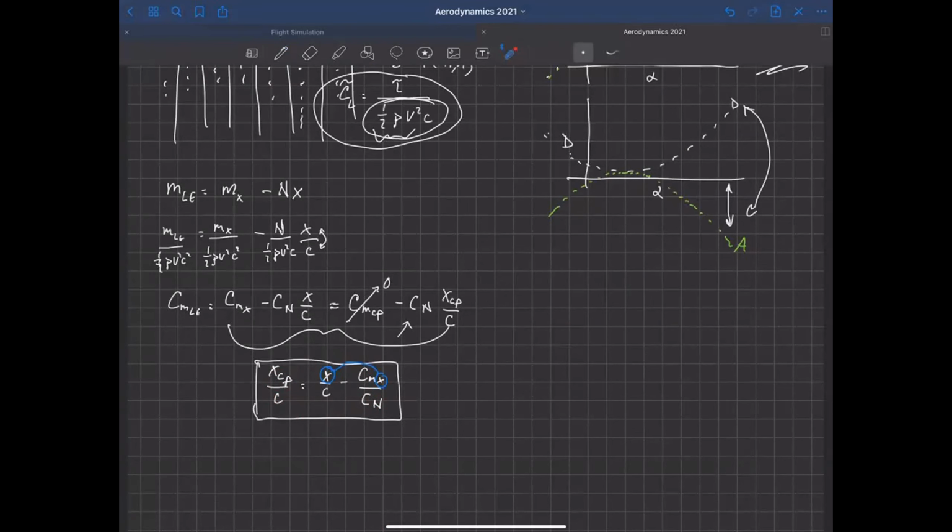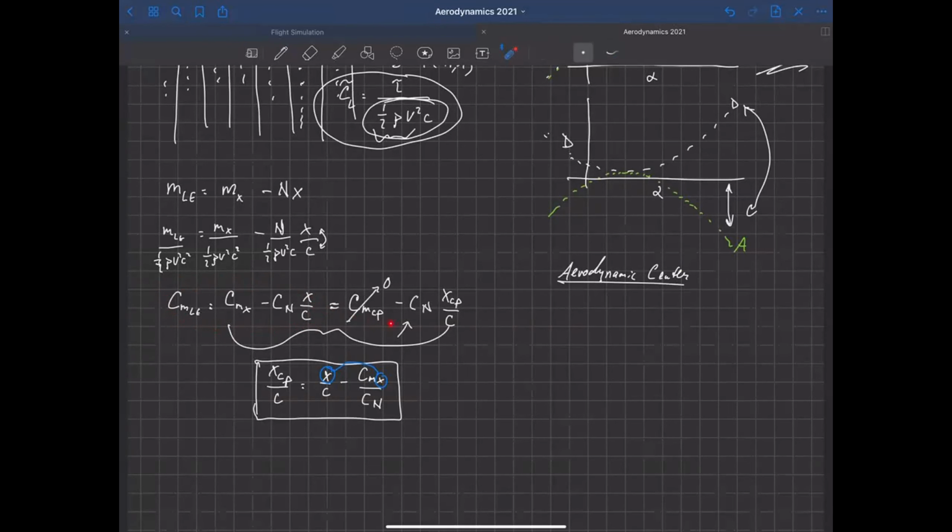Okay, let's take one more step here and look at the other thing that we are interested in. So this was the center of pressure, and now let's look at the aerodynamic center. Okay, so I can go back to my magical equation here. Remember, this is kind of the guts of moving pitching moments around on an airfoil.